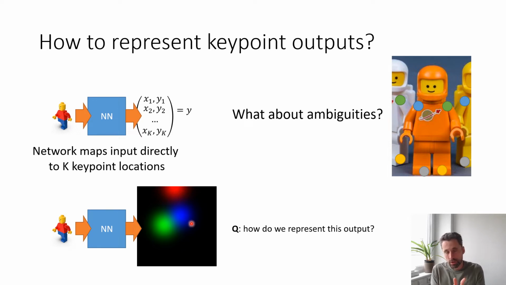Each channel in this tensor represents the elbow, the shoulder, the knee, and all the different types of key points. Each of these matrices has the width and height of the input image, or some scaled version of that. So each position in the output corresponds to a position in the input.